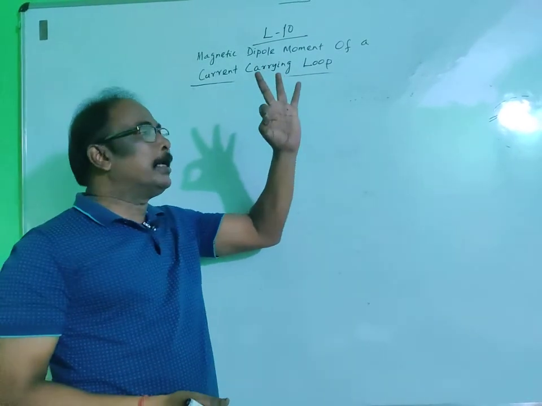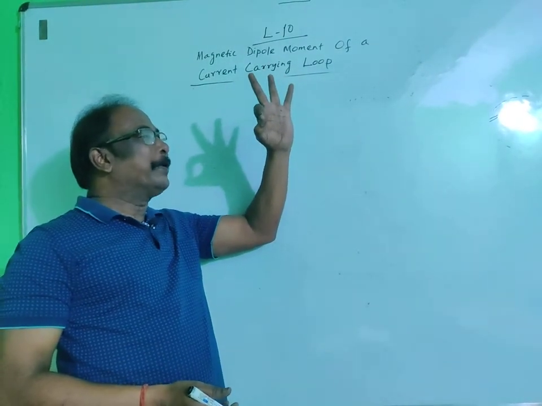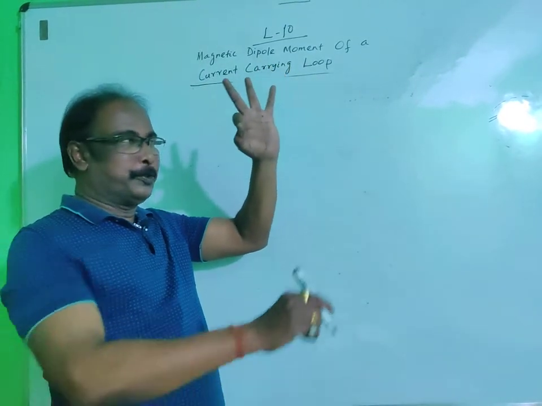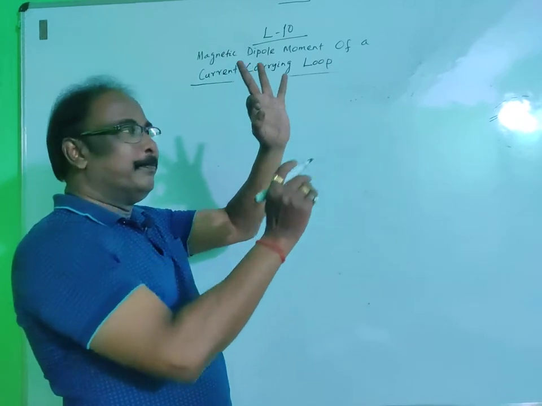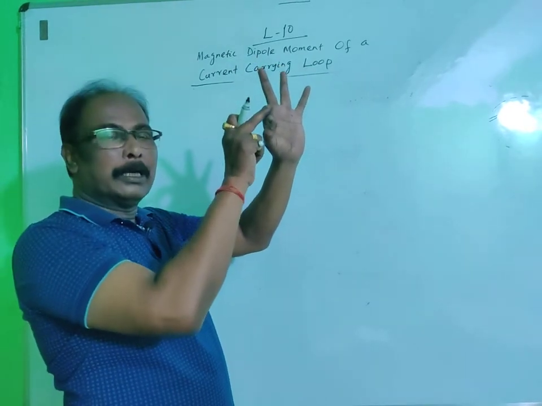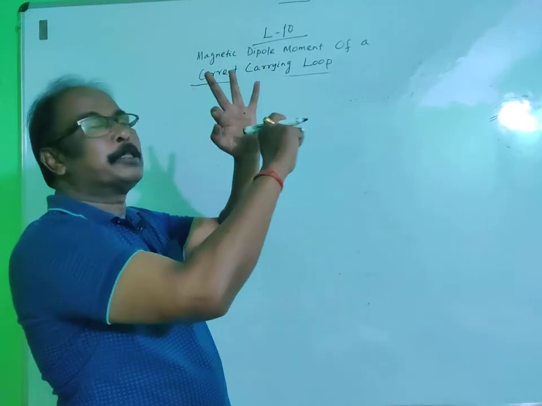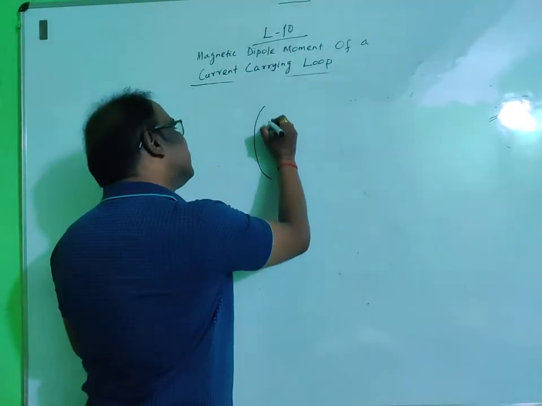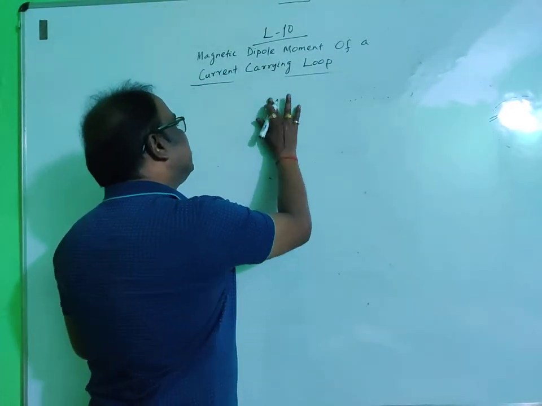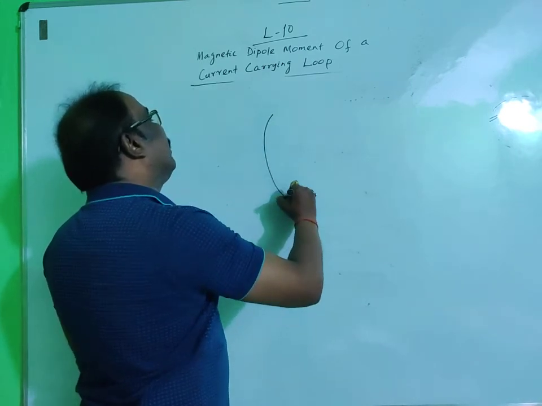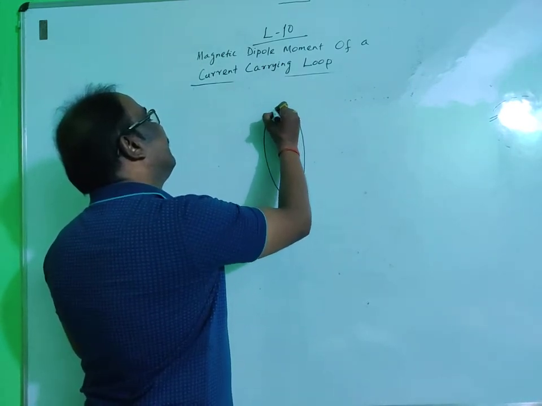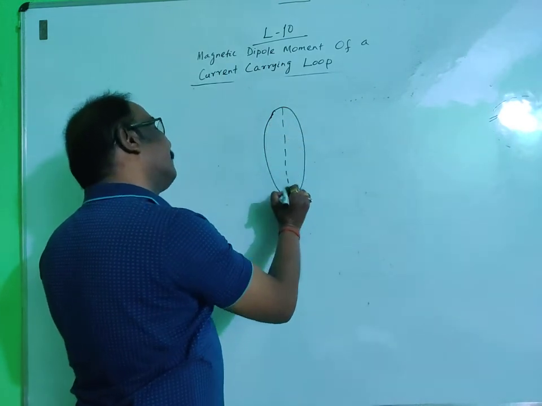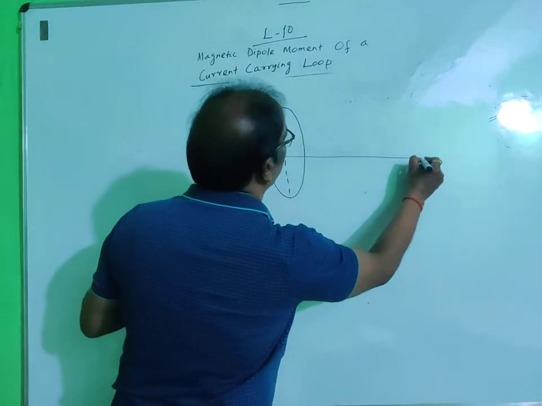Suppose I am showing you a current carrying loop like this. This is the axis of the circular coil. This is a circular conductor carrying current, and this is the axis of the circular conductor.